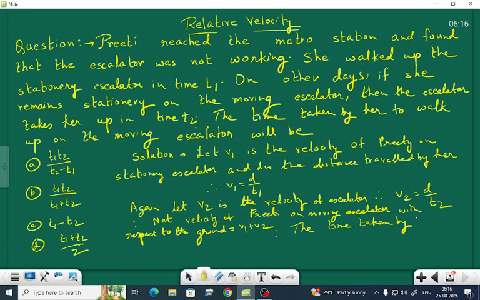Therefore the time taken by her to walk up on the moving escalator will be t is equal to d by v.